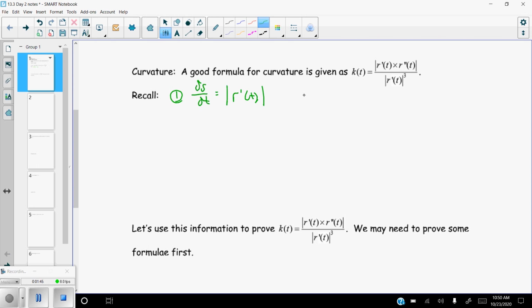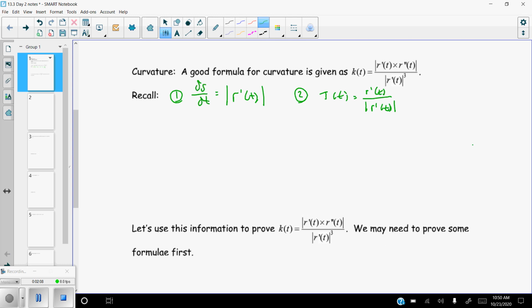The second thing that we need to recall, and there's going to be like 7 of these, so leave yourself a little bit of space here, is that the unit tangent vector, or T of t, is defined to be r prime of t, or the derivative, divided by the magnitude of the derivative, which makes it a unit vector, right?